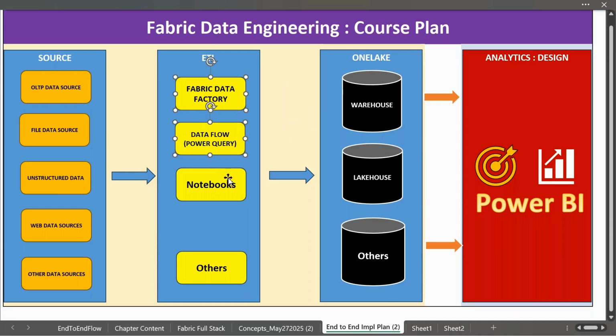We are limited there. Notebooks, they are very flexible. As a Fabric engineer, we need to learn all three equally. Then we'll decide when to use which. In fact, within next 10 classes, we are coming to conclusions. And of course, there are few other items as well.